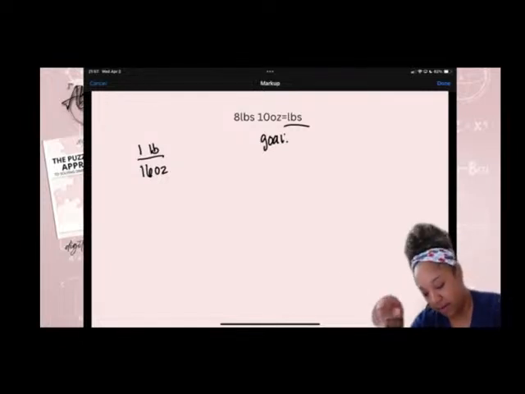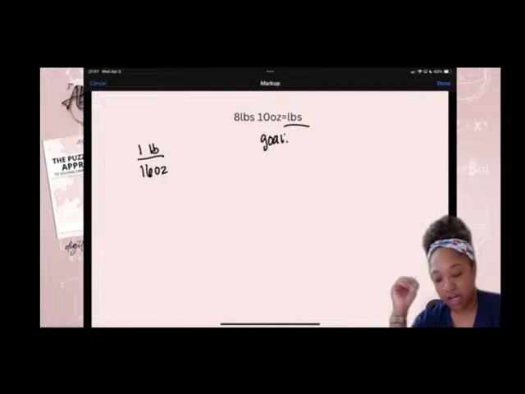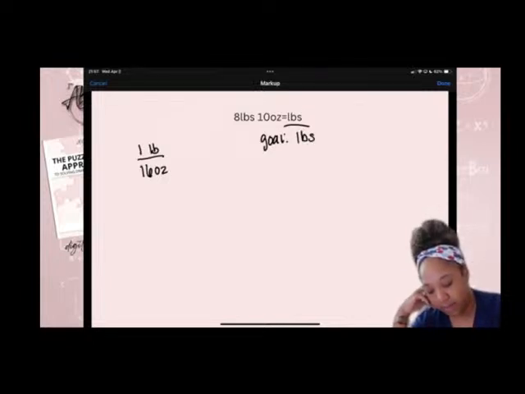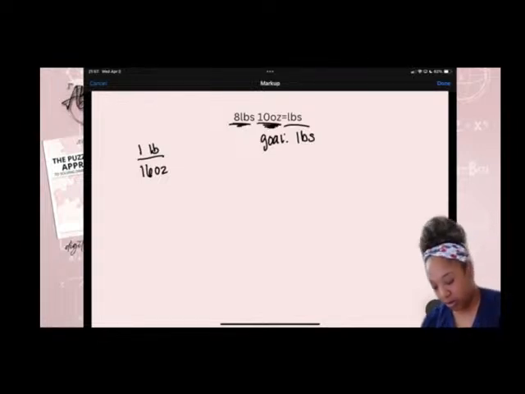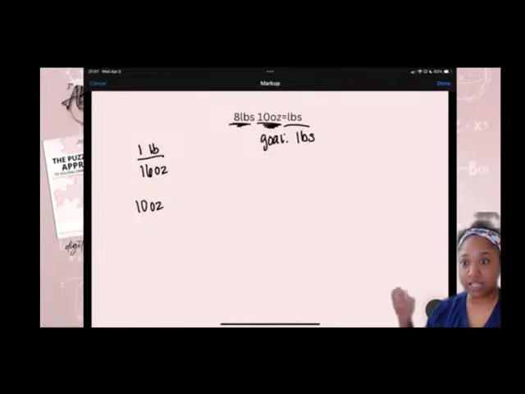My goal is pounds. So this is already in pounds, but this is not. So what we're going to be doing is converting the ounces to pounds, and then we'll add together our like terms.